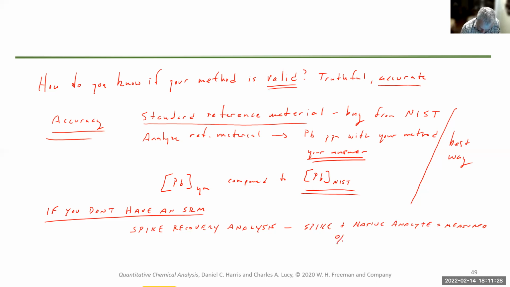The percent spike recovery is equal to the milligrams found minus the milligrams in the sample, divided by the milligrams spiked, times 100%.